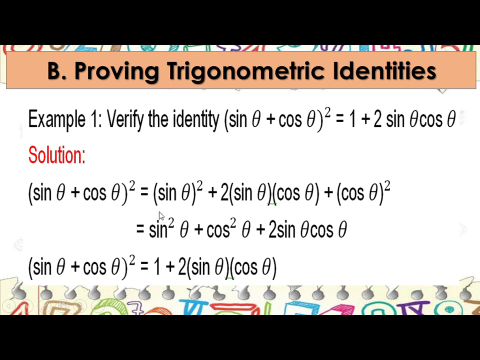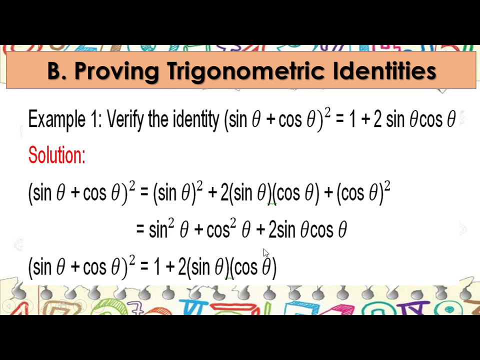Always remember that: if you add the square of sine theta and the square of cosine theta, you get 1. So this is equal to 1 plus 2 times sine theta times cosine theta.